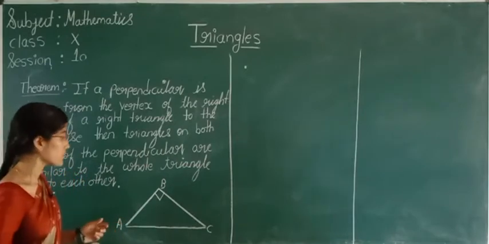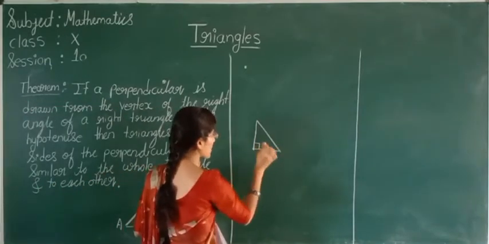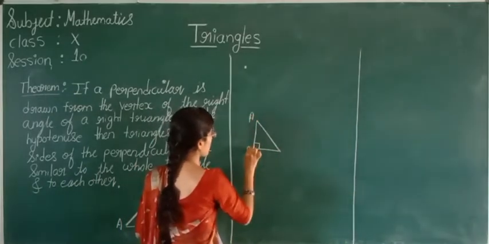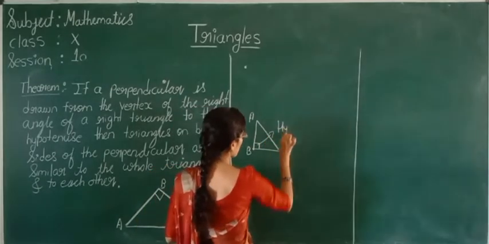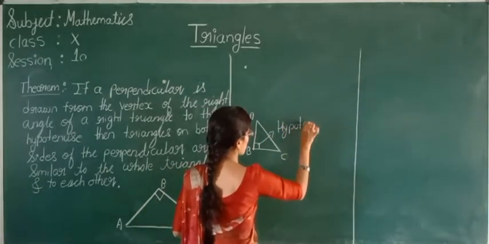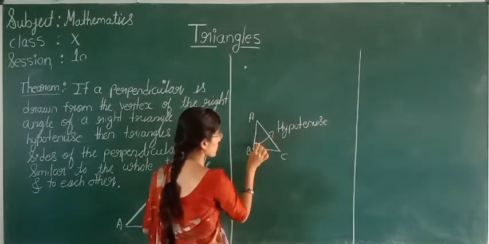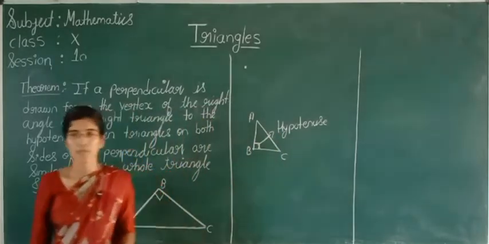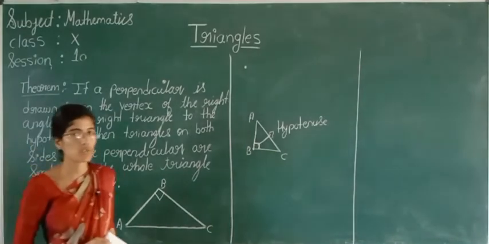You know that if ABC is a right angle triangle, here AC will be the hypotenuse. The side opposite to the angle 90 degrees is going to be the hypotenuse. You knew that, right?